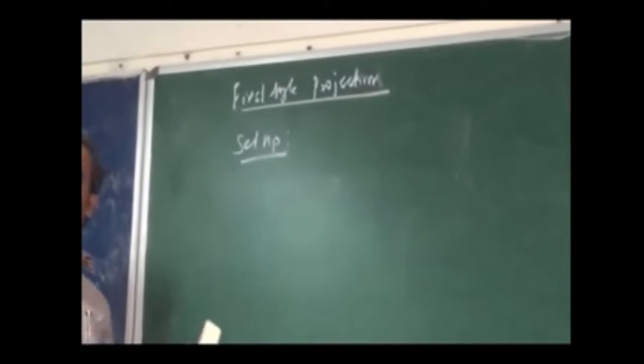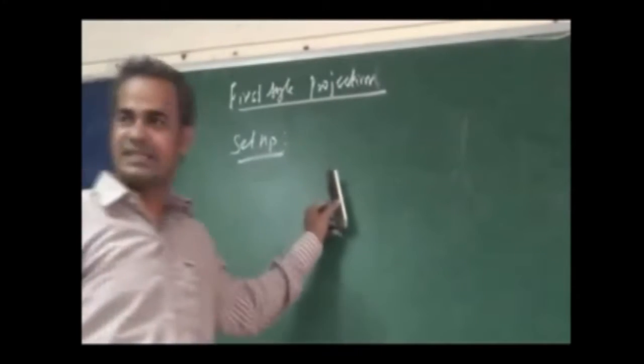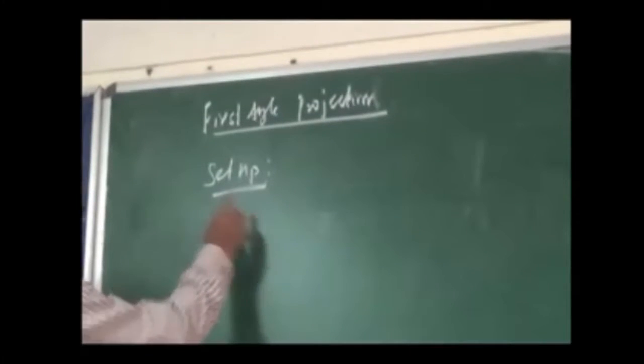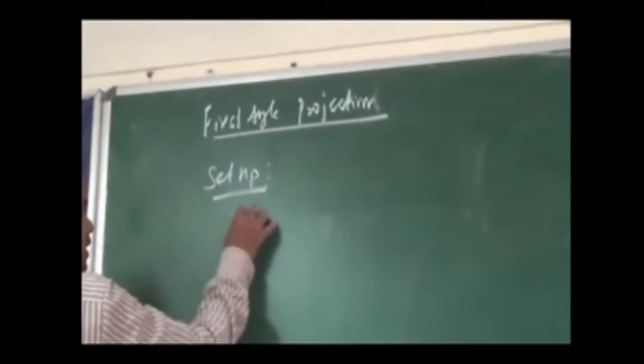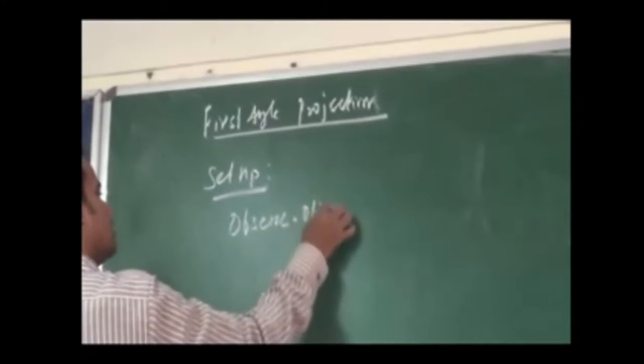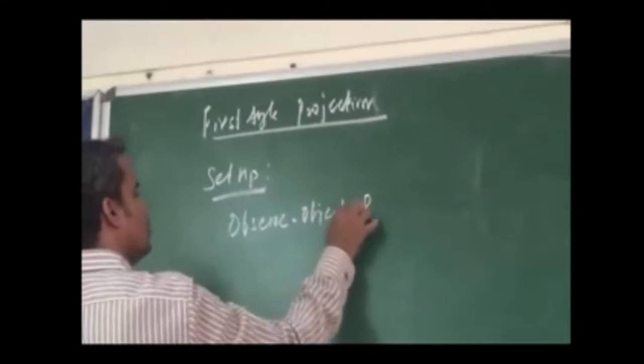For a three-dimensional object, to obtain any view you have to follow this setup. You should not violate this setup, otherwise your view will be wrong. So what is the setup for a first angle projection? That is, observer comes first, then object, then projection plane.